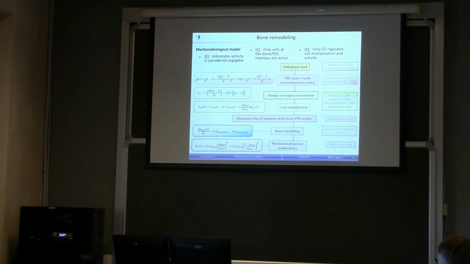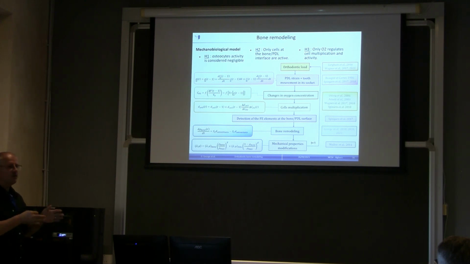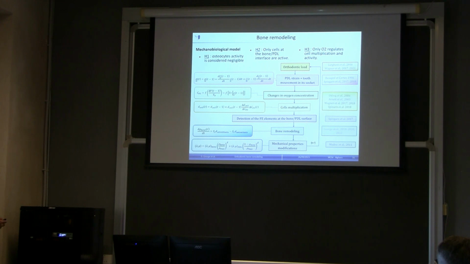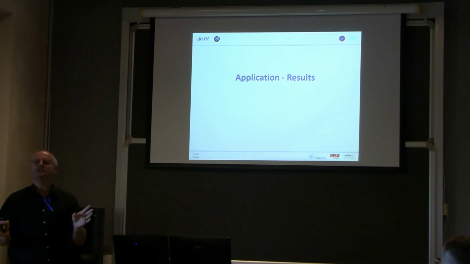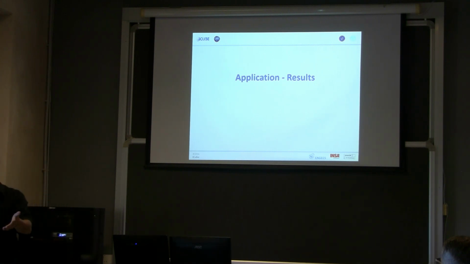And then we iterate this analysis a number of times, and when you iteratively run this analysis, you can see the tooth displacement as a function of time. We implemented that, and look at an analysis that we did, I would say a validation analysis, just to see what happens.